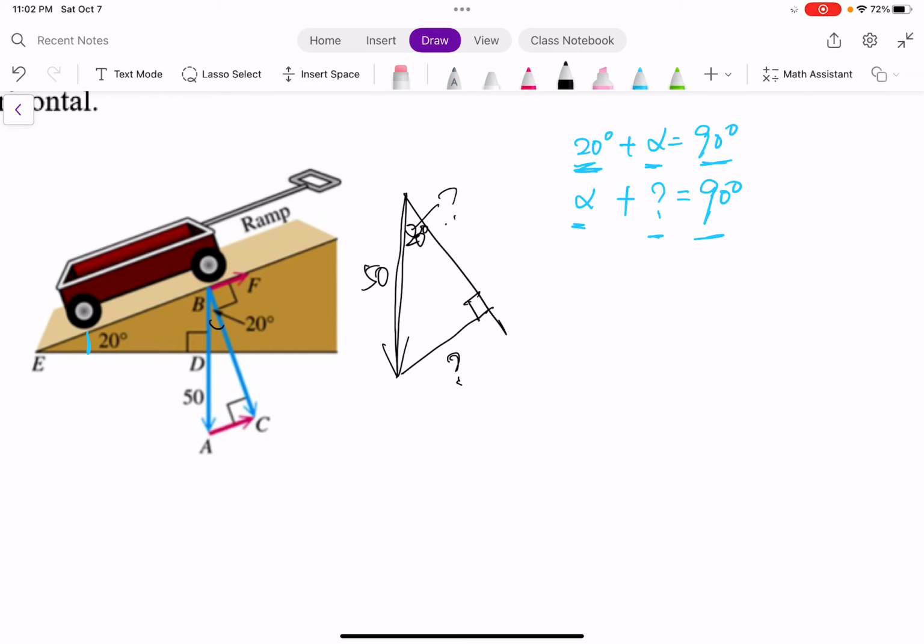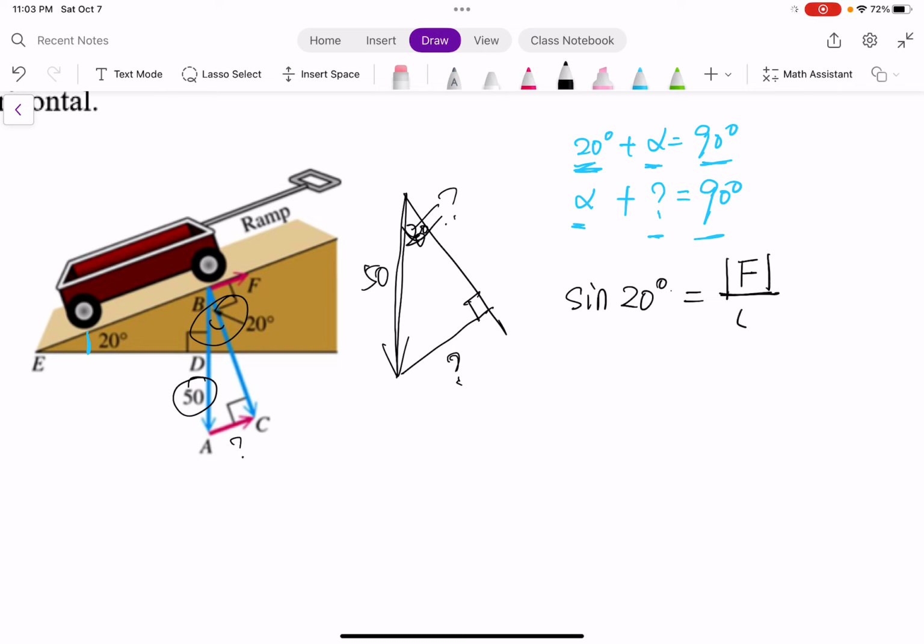In this right triangle, we have the hypotenuse and one angle. Can you find the opposite? Using the sine function, sine 20 degrees equals the opposite, which is the magnitude of F, divided by the hypotenuse, which is 50.